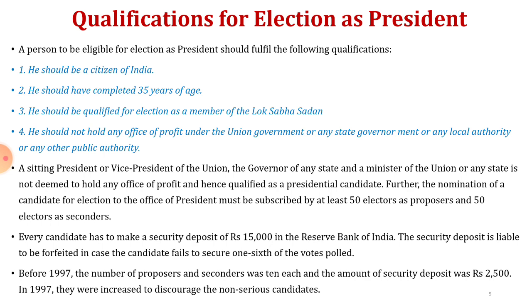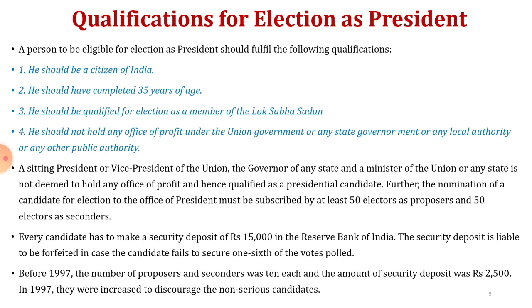Further, the nomination of a candidate for the office of the president must be subscribed by at least 50 electors as proposers and 50 electors as seconders. Every candidate has to make a security deposit of 15,000 in the RBI, that is the Reserve Bank of India.